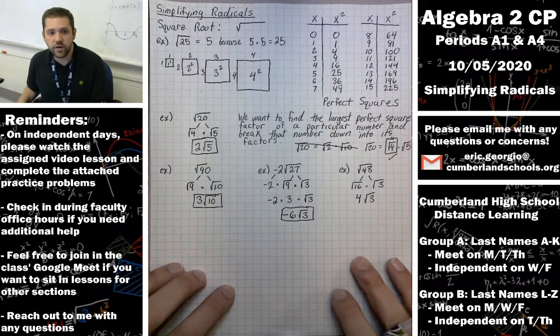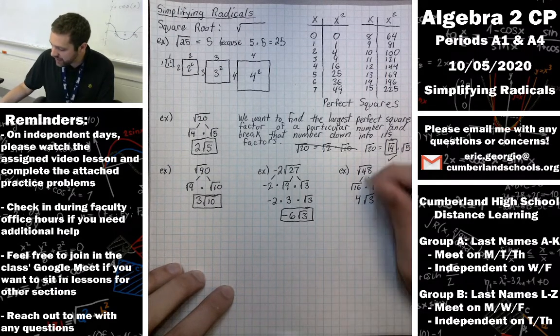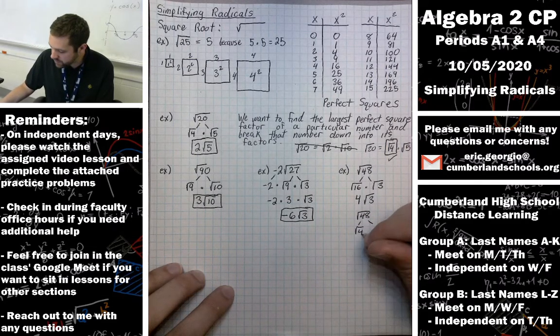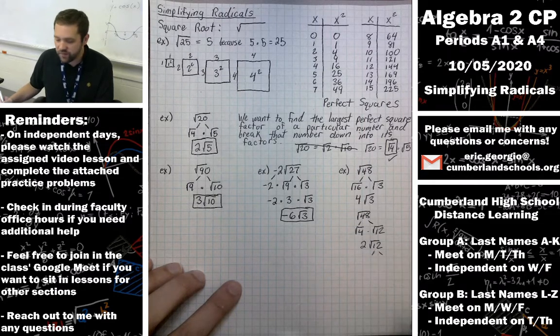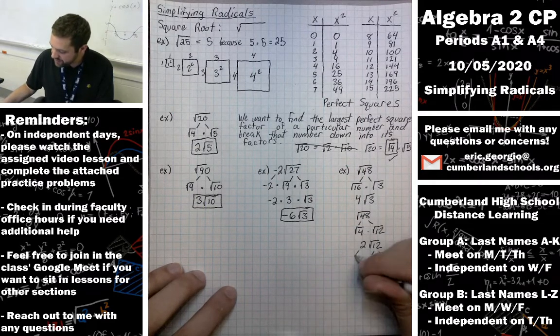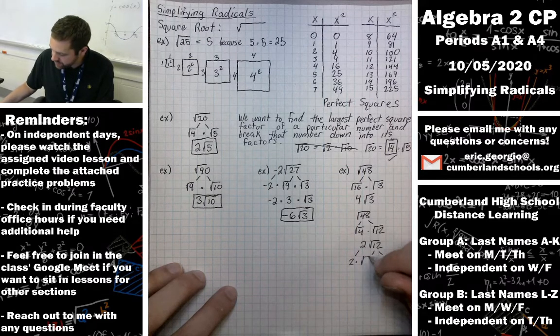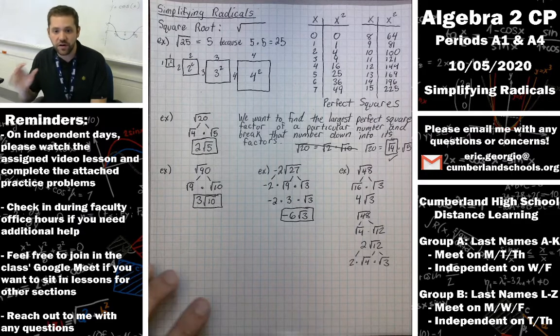All right. Notice if we didn't do that, if I did this, like I said before, square root of 4, square root of 12, perfectly valid, nothing wrong with it. But notice now I can break down the square root of 12 again, and I would have to say this is 2 times square root of 4 times square root of 3, because 12 has a perfect square factor of 4.